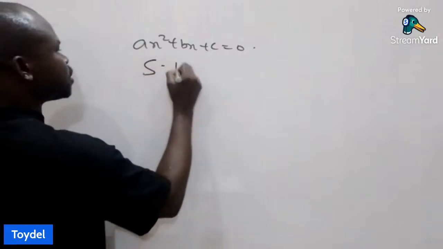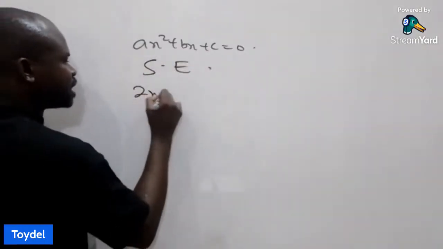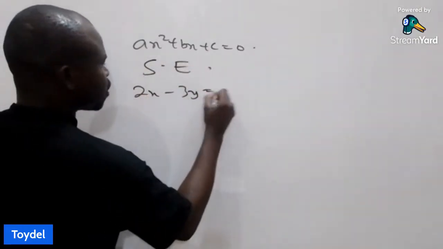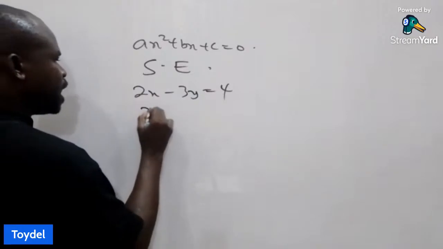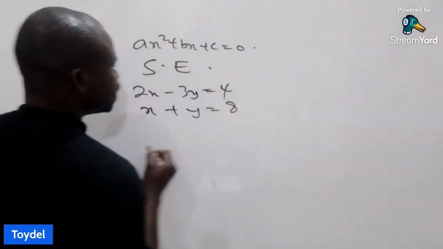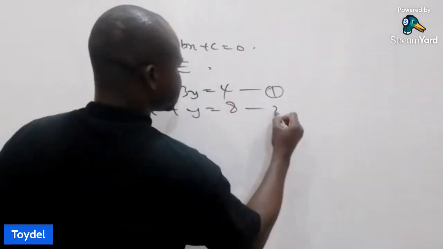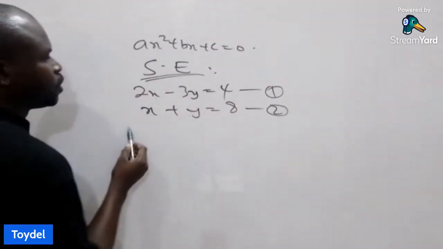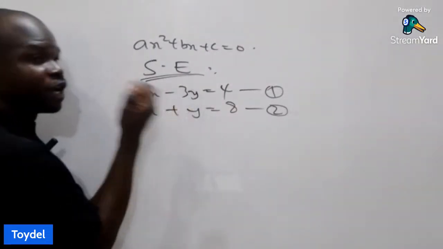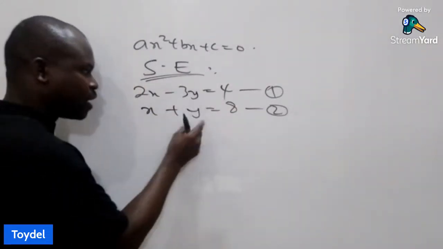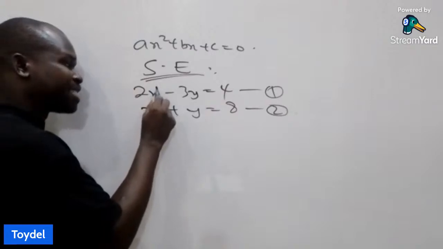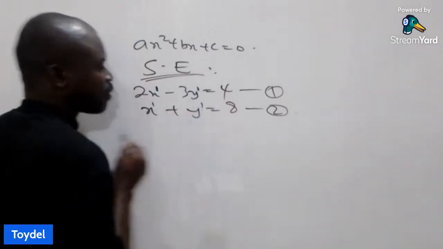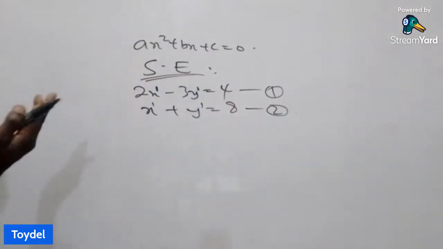But if you talk about simultaneous equations, you can have something like 2x minus 3y equal to 4, and x plus y equal to 8. This is equation 1, this is equation 2. This is an example of simultaneous equations. We have two equations with two variables, x and y, but both variables have degree 1. They are raised to power 1.